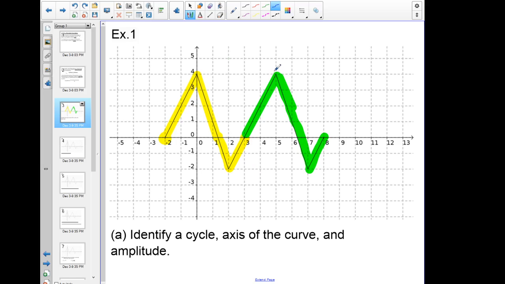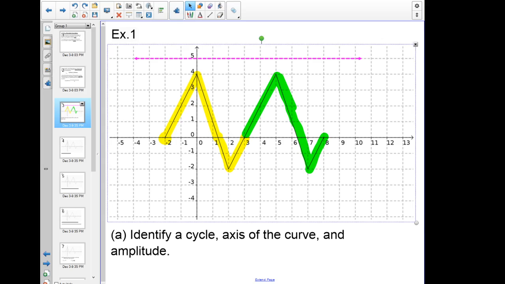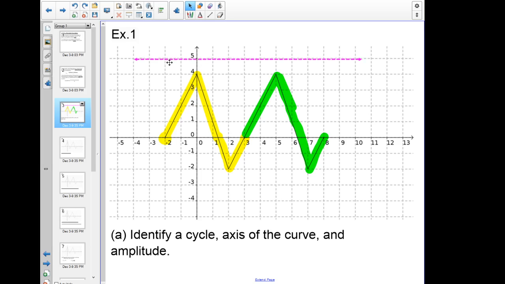What about the axis of the curve? Now the axis of the curve is going to be a horizontal line, so let me just go ahead and get a horizontal line, but I'm actually not going to locate it yet. So now I'm going to shift that line.